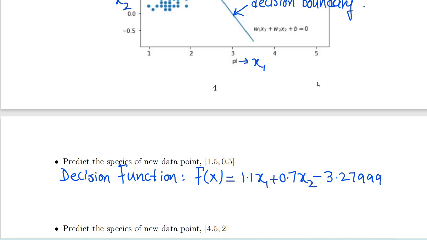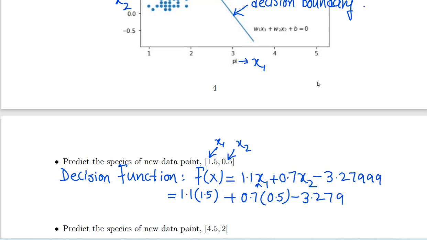Now to make the prediction, all we need is to plug in 1.5 for x1, the petal length, and this is the x2 petal width. So 1.1 times 1.5 for x1 plus 0.7 times x2, so plug in 0.5, and minus 3.279.